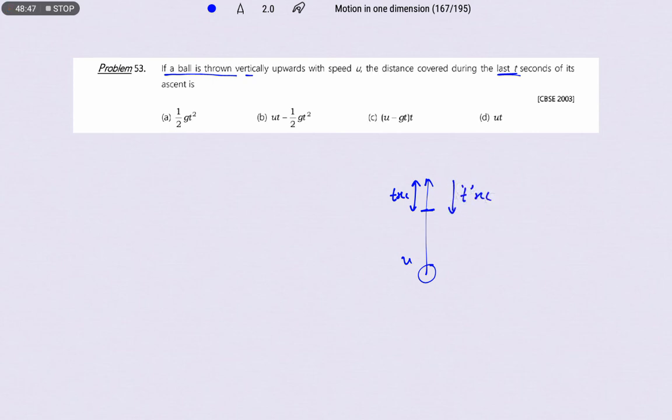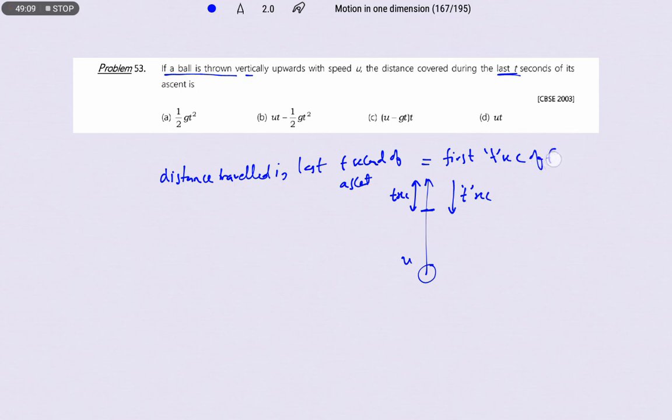Okay? So distance travelled in last t seconds of ascent is equals to first t seconds of free fall or descent.